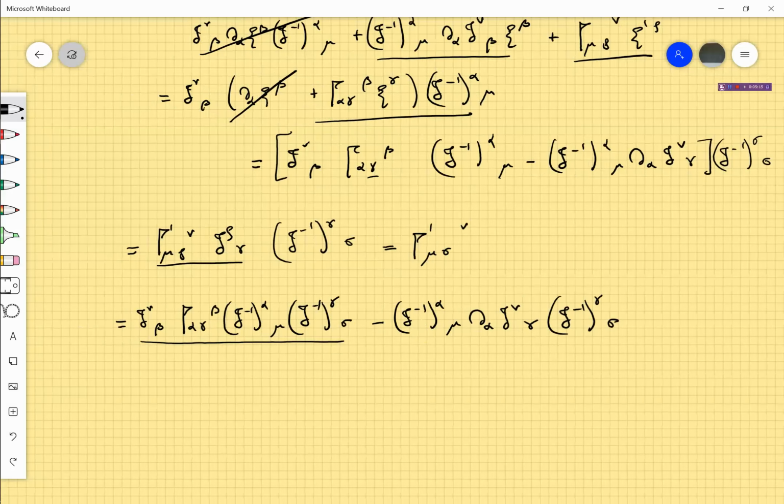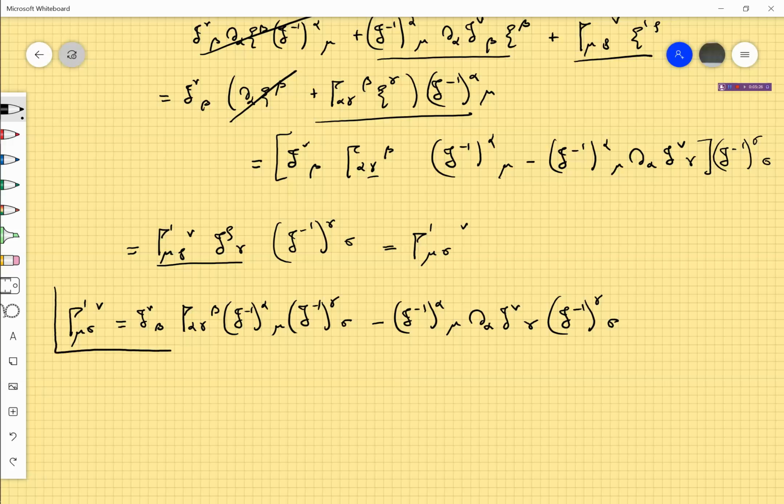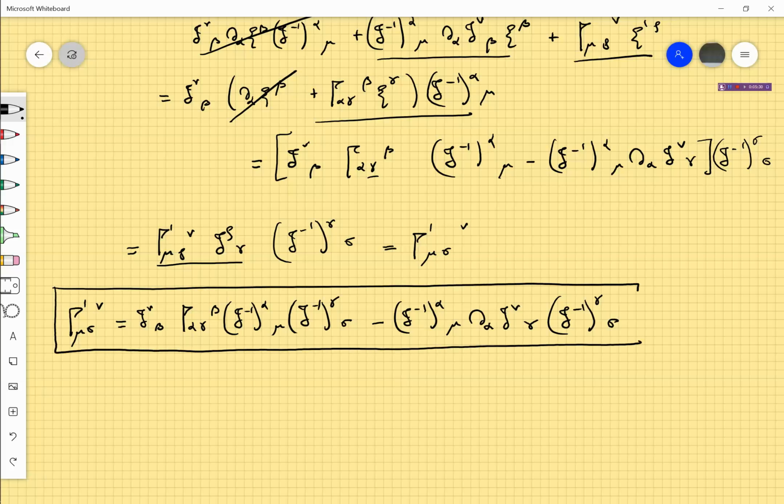Just to put everything together, this is gamma sigma nu prime, and now that we have the complete result, let me put it into a box. This is the full expression.